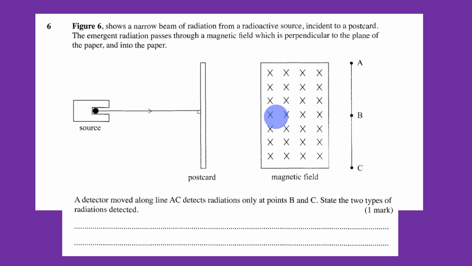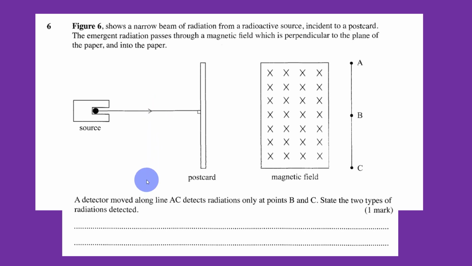So you turn the thumb downwards and you will see that actually the second finger now ends up pointing to the right. Once it points to the right, it tells us that current is to the right. And because we know that these particles are moving this way, then the particles moving this way must carry a negative charge so that current is in the opposite direction. And the particles which carry a negative charge must be beta particles.